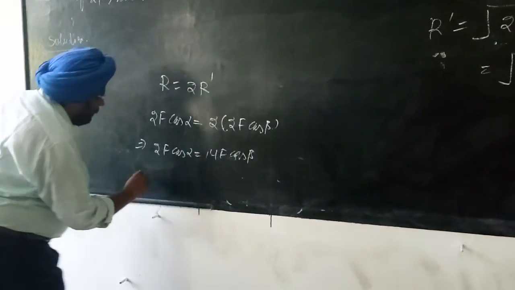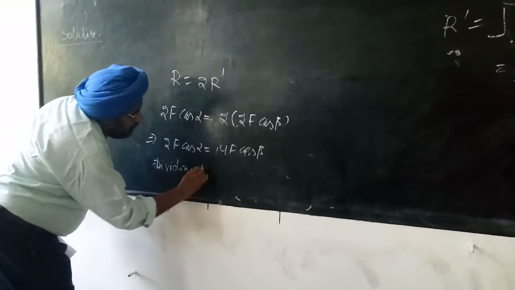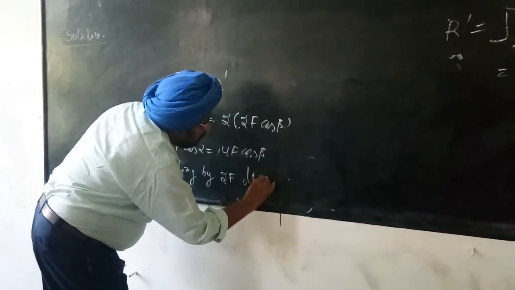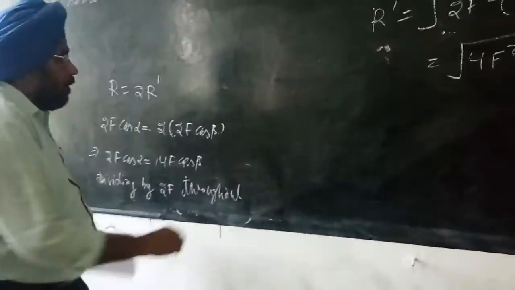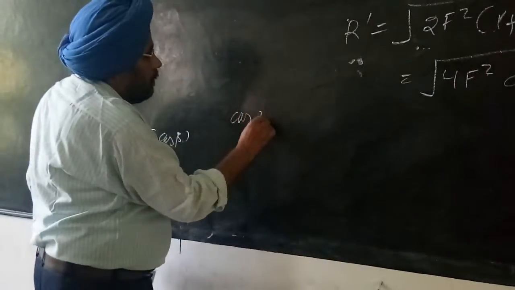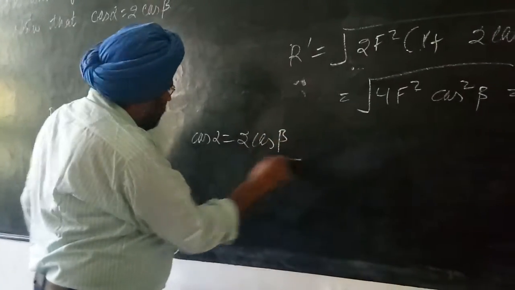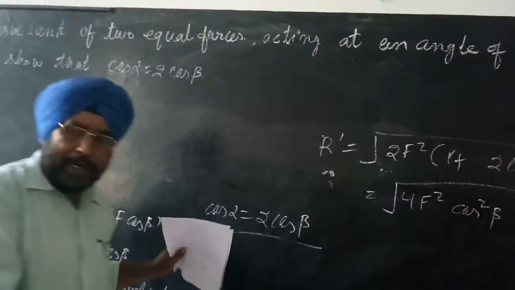Dividing by 2F throughout, it means cos alpha is equal to 2 cos beta, which is our required answer.